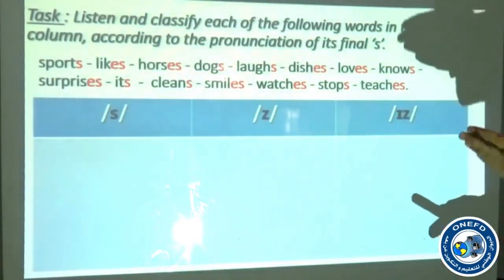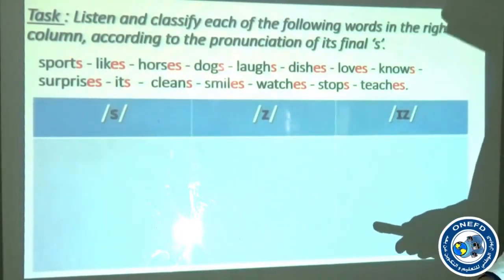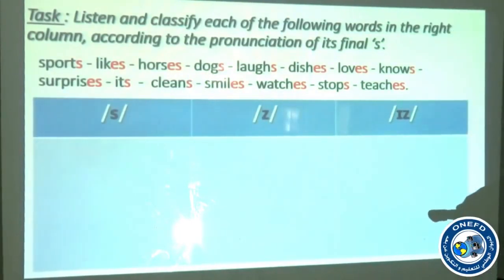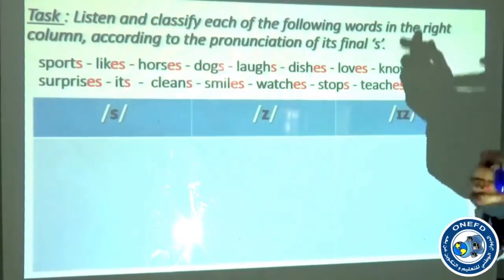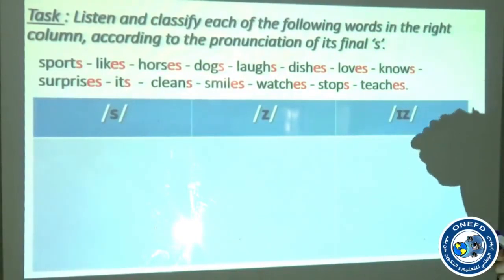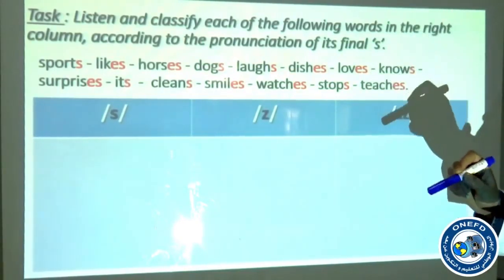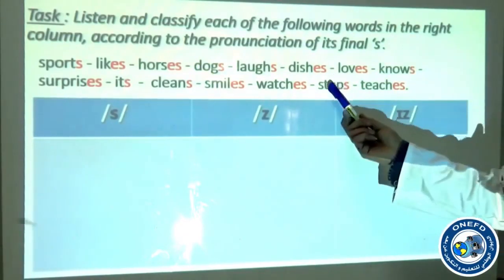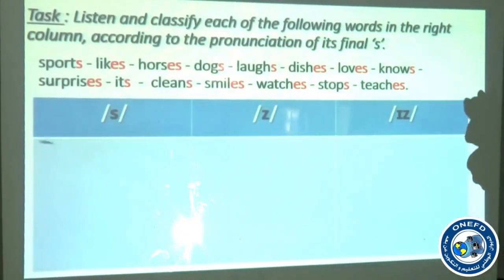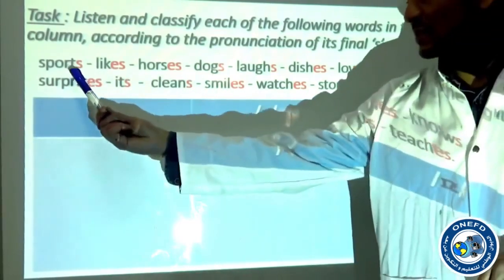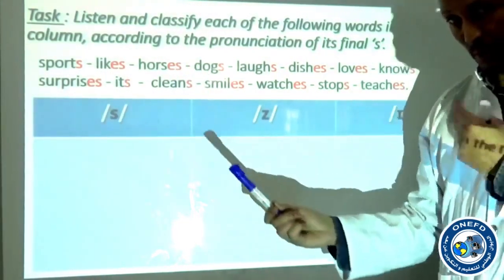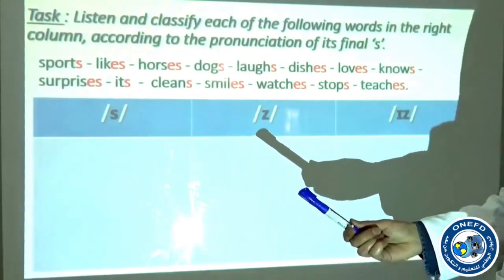This task is not taken from the book. You can take your time in your rough copy book to write the words and the chart. I'm going to read these words loudly.